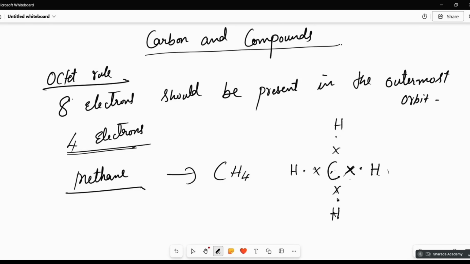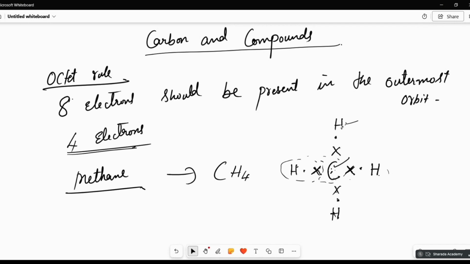And here the carbon's third electron revolves around this third hydrogen and this carbon. It will not revolve around the others, only with this hydrogen. Understood now? This electron of hydrogen revolves around hydrogen as well as carbon, and this electron of carbon revolves around carbon as well as hydrogen.